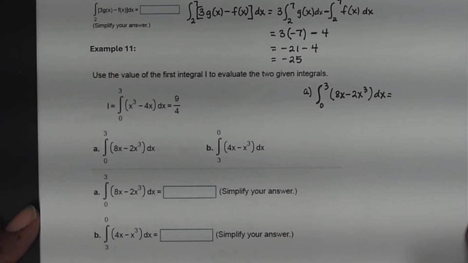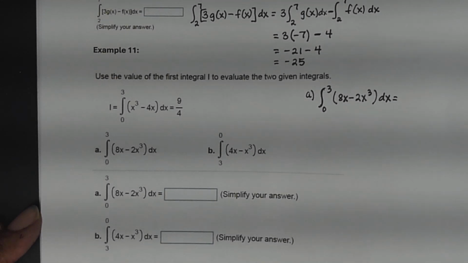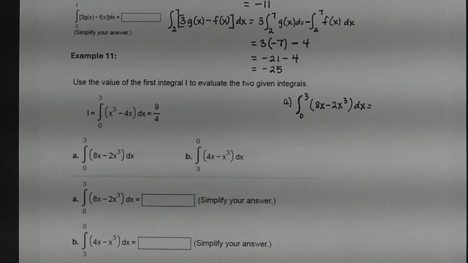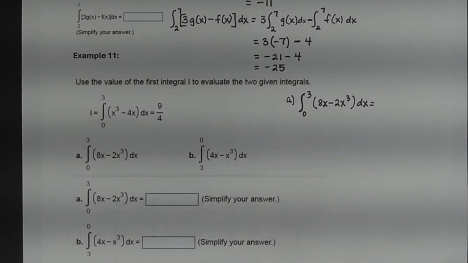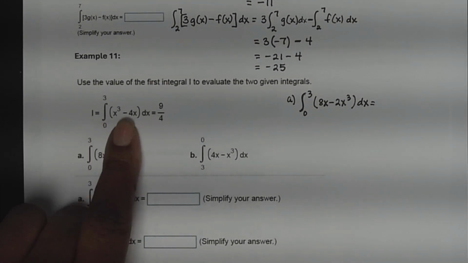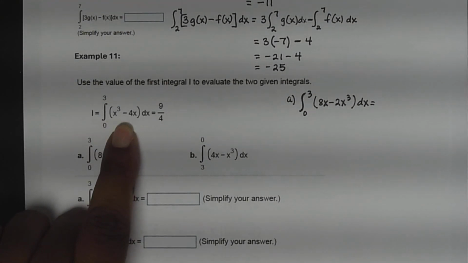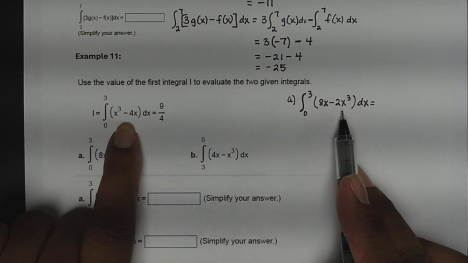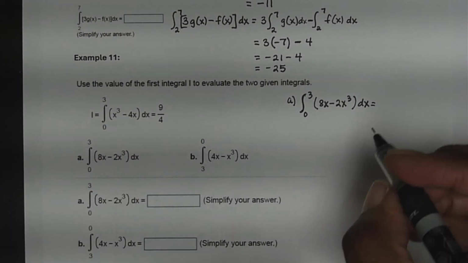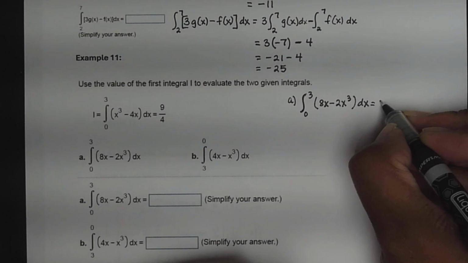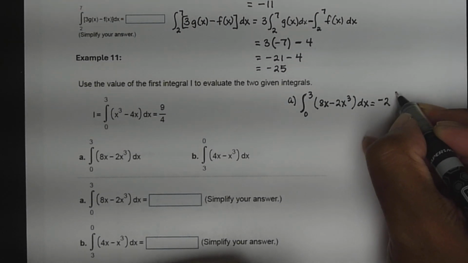All right, in this case, let's see what we can do here. There's a common factor in these two terms I can factor out. Notice I got the x cubed and then the 8x in front. I can factor out a 2, but I also can factor out negative 2.